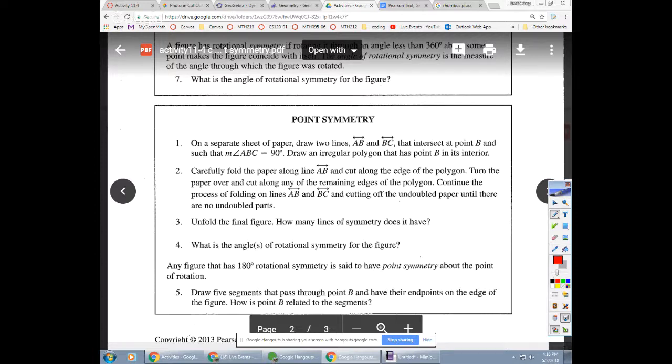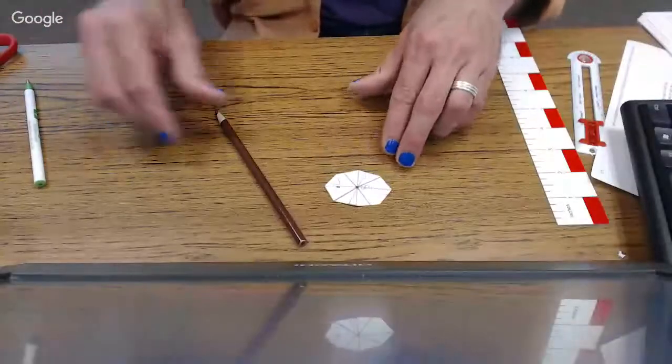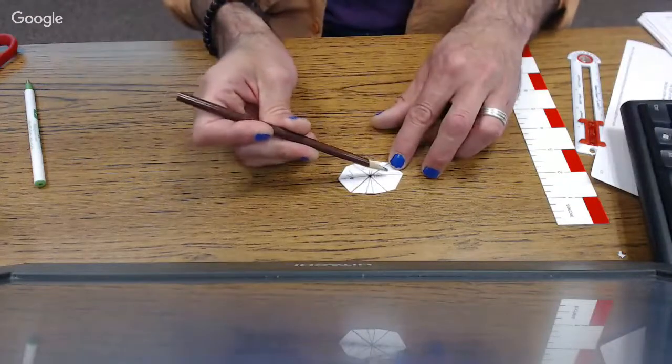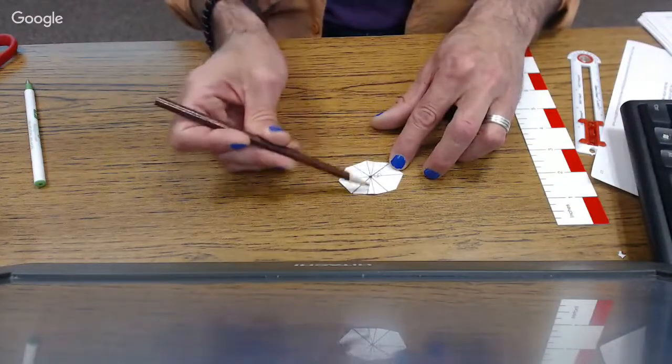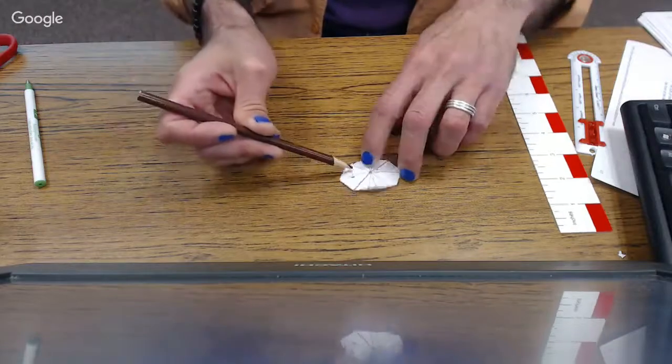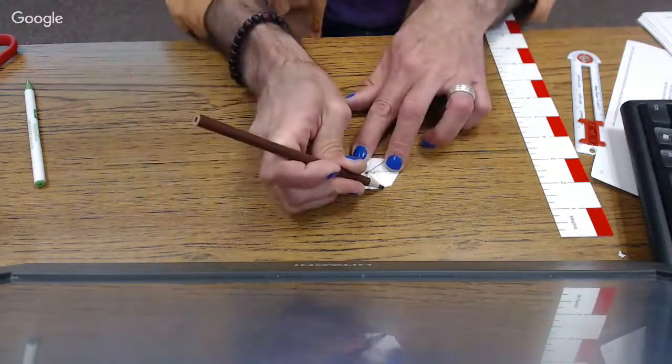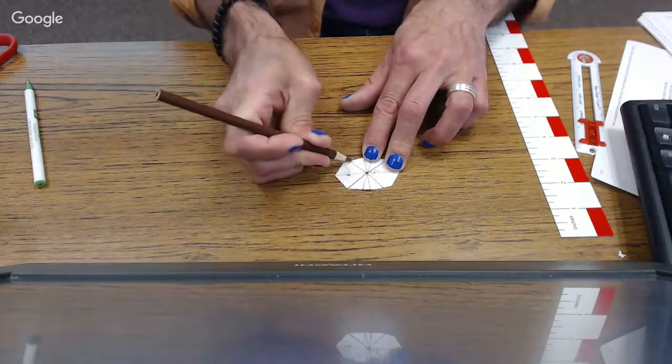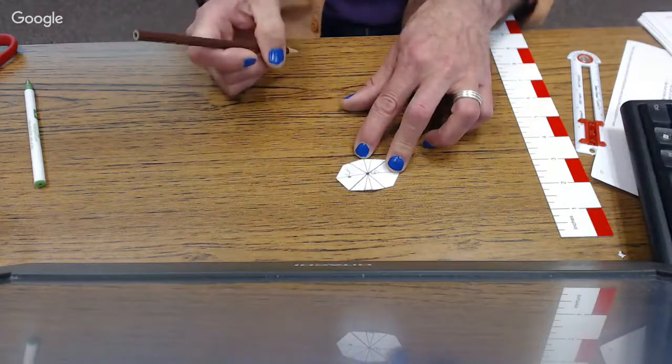There we go. So here I have 1, 2, 3, 4, 5 segments, and B is exactly at the center of each of the endpoints of those.